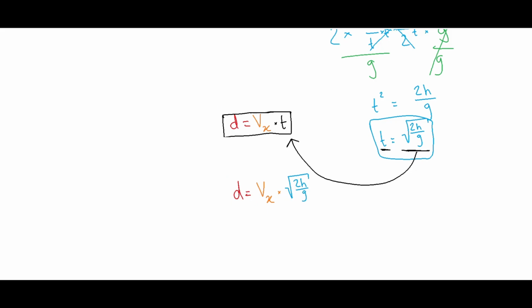And that is our formula that relates the distance, the horizontal velocity, and the height, with g being our constant.